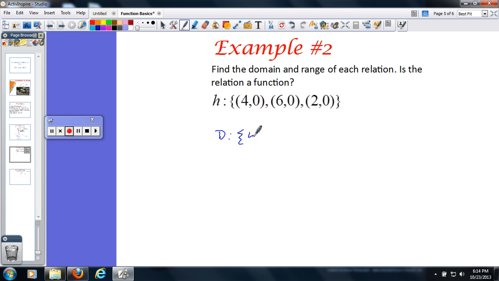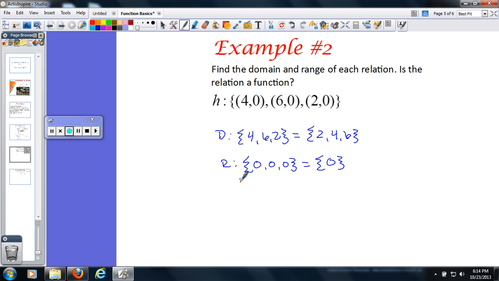So I'm going to say 4, 6, 2. And actually when we write these, we typically write it in numerical order, so it would be 2, 4, 6. And then my range would be 0, 0, 0. When we write the range, if a number repeats, you just write it one time. So my range is 0, my domain is 2, 4, 6.